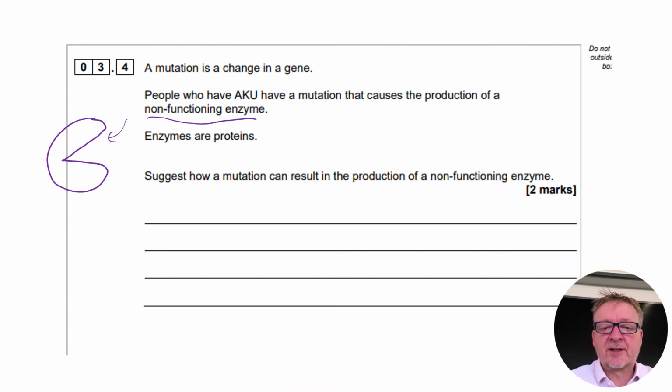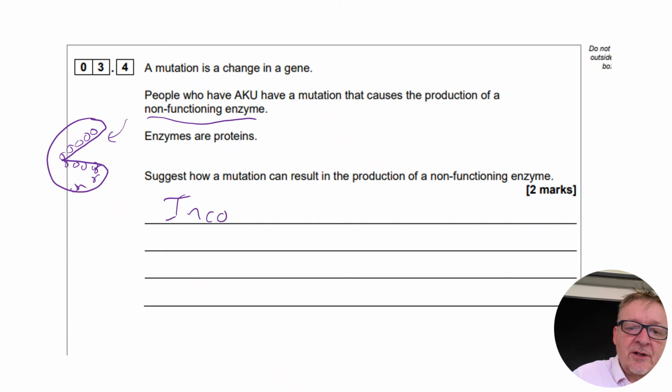Enzymes are proteins. Suggest how a mutation can result in the production of a non-functioning enzyme. What this Pac-Man, this enzyme, is, is just a big long chain of amino acids, and they're all in a very, very specific order.